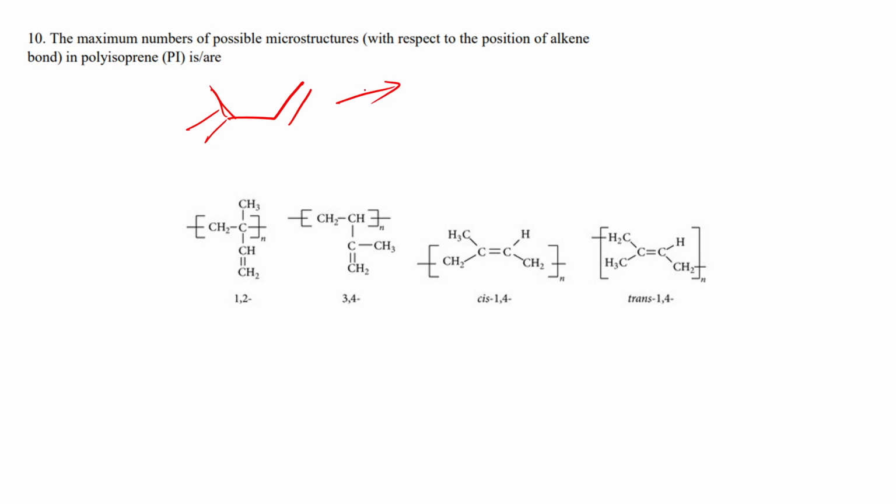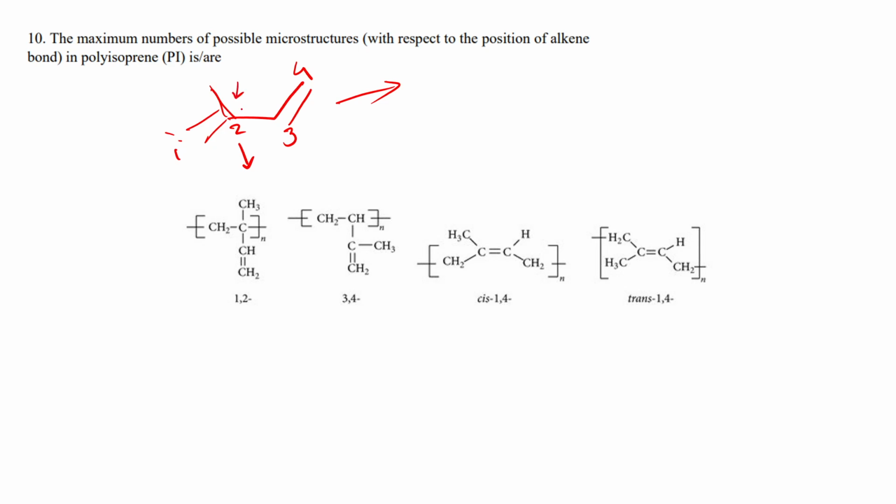Now when it is polymerized, different things can happen. The first is, I think the numbering they have given is this way. The polymerization is happening from this carbon, one means in the long chain, and from this side the polymer is growing like this way.